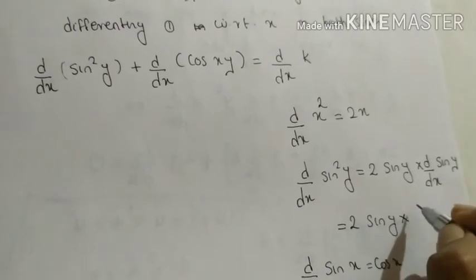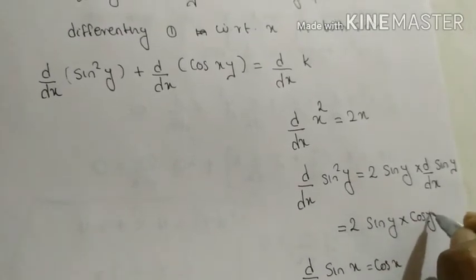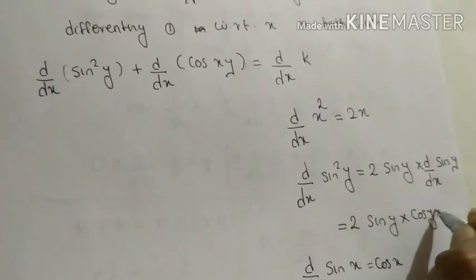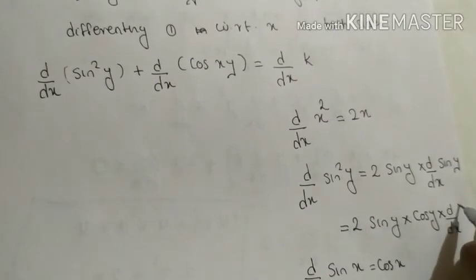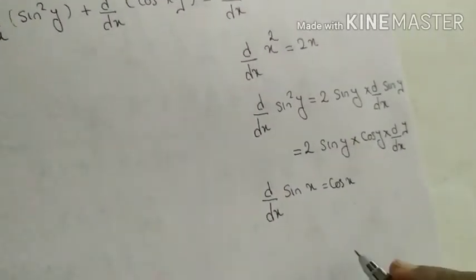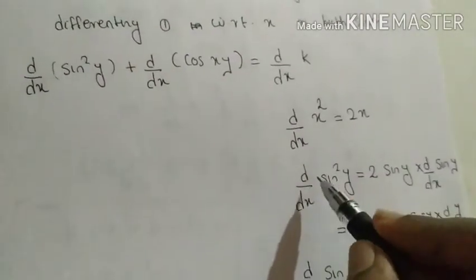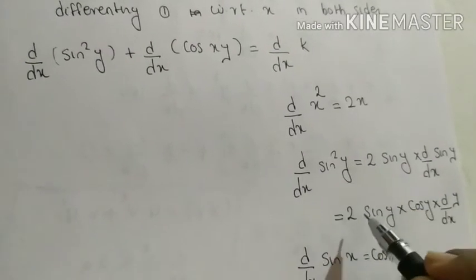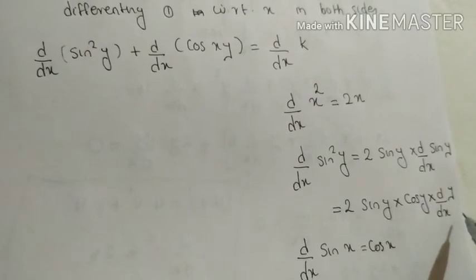The standard derivative of sine x is cos x. So the derivative of sine y will be cos y, and y is another function, so using the chain rule we need to find the derivative of y here. This is the answer for the derivative of sine square y: we get 2 into sine y cos y into dy by dx.